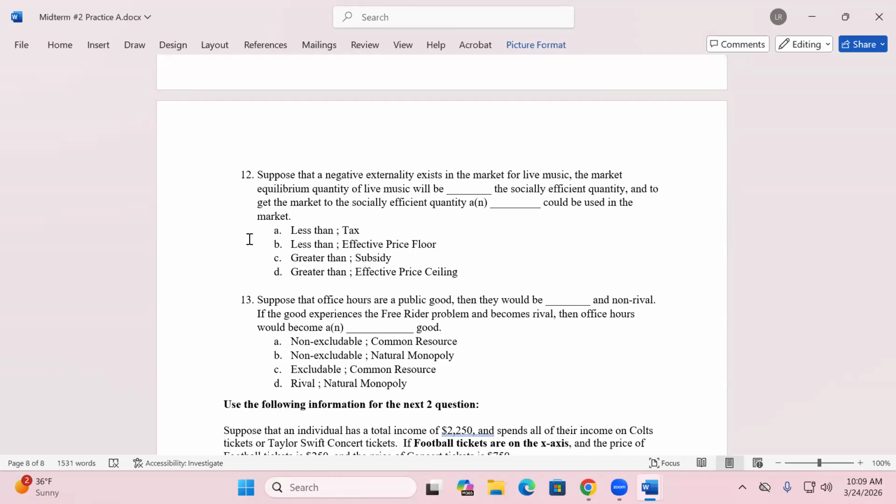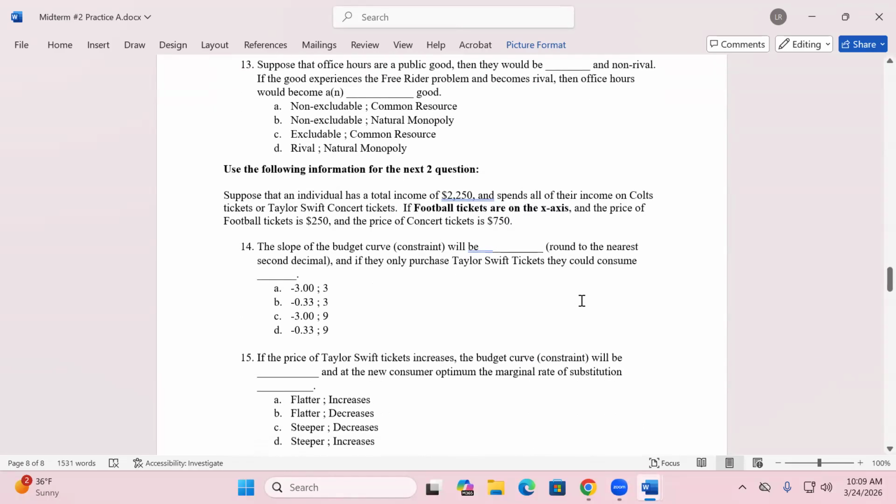Any other questions people want to see? We're at 14 or 15 on the asset. Yeah, so I've got a word problem here. We're now starting to think about consumer optimum. So I'm given some information. My income is this amount. I've got Taylor Swift tickets, and I've got football tickets, right?